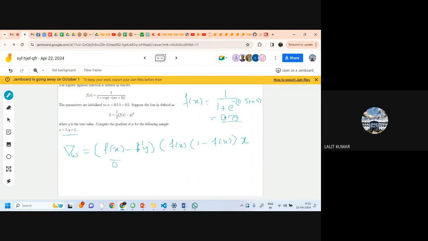So now we have to calculate it straight away. 0.73 minus 1, since Y is 1, then 0.73 times 0.27, and the value of X is 1. So 0.27 and 0.73 gives 0.053217, with a minus sign. Have we made a mistake here?